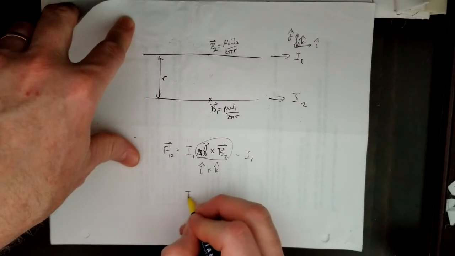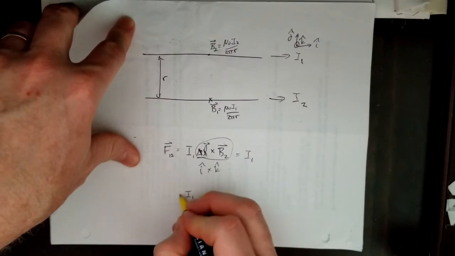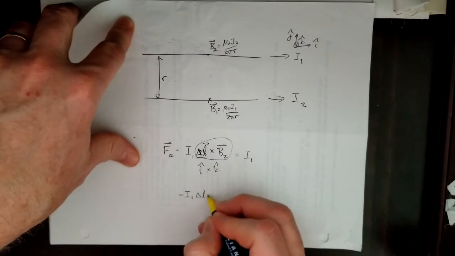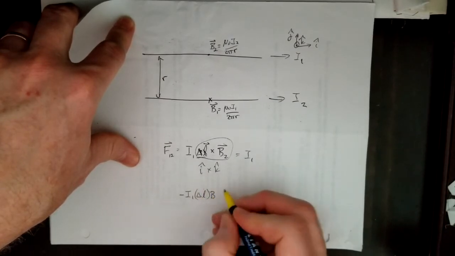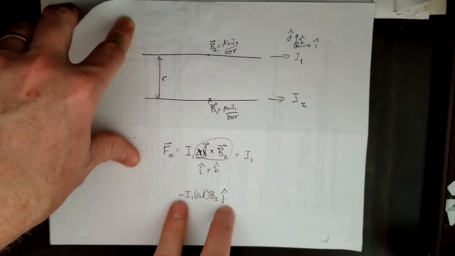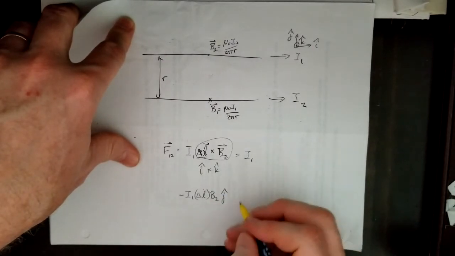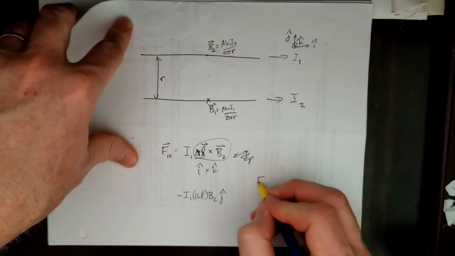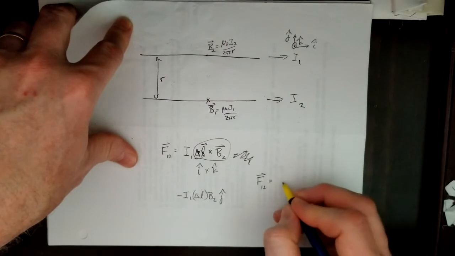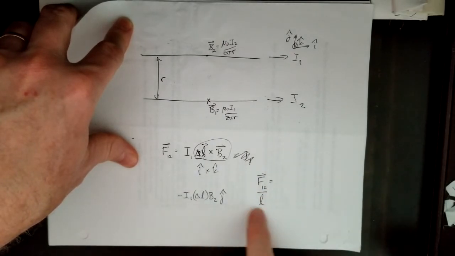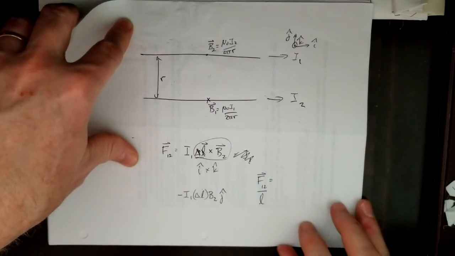So this becomes negative I1 delta L B2, the negative J hat. Bringing the L over, I have F12 is equal to per length. And yeah, I know I have delta L here and L here. Hopefully you can get past that.